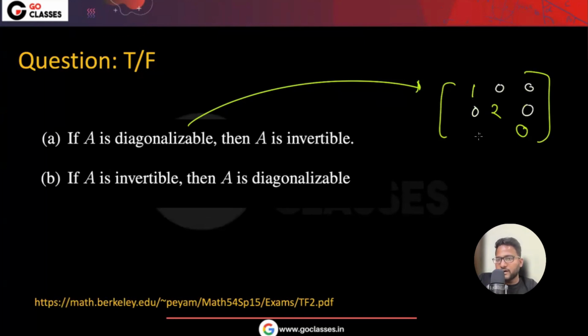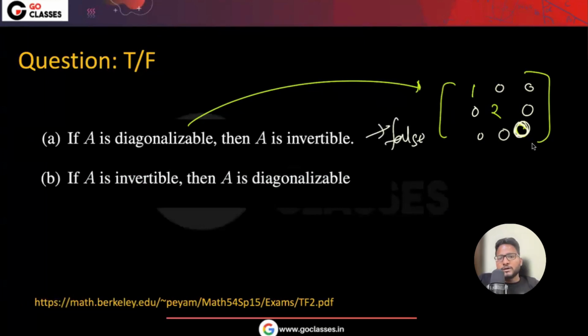This is definitely diagonalizable, right? Is this invertible? Diagonal matrices are similar to themselves, so by definition, diagonal matrices are always diagonalizable. Okay? Is this invertible? Obviously no, because one of the eigenvalues is 0. So I think for this I can say that it is false.